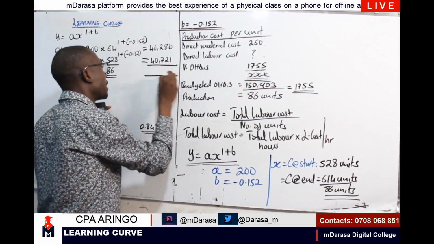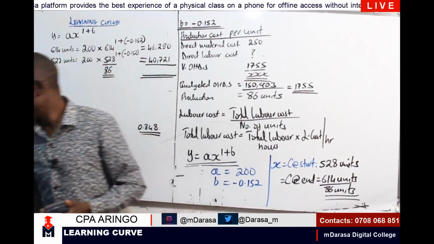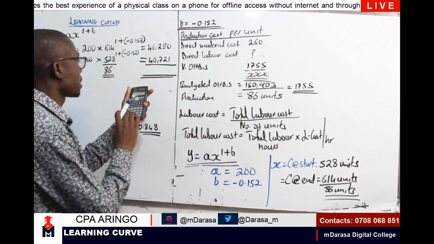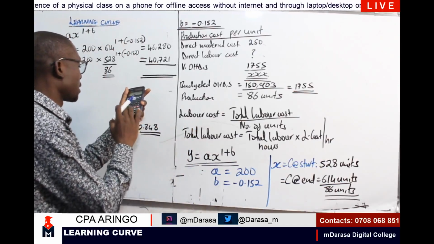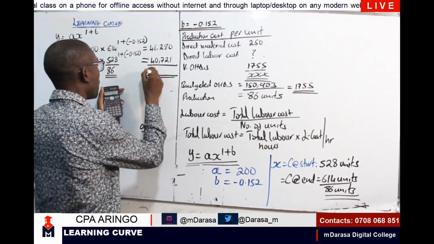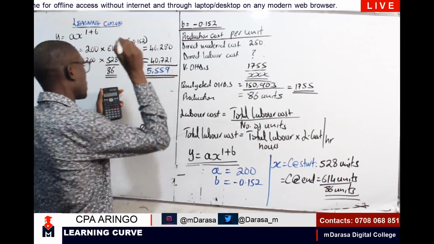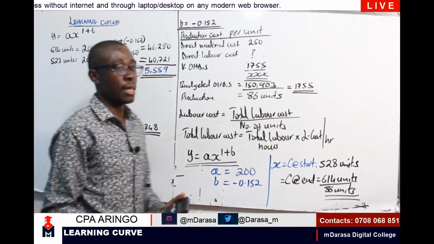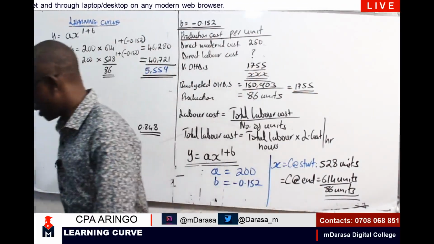So confidently, I can determine the total labor hours of producing the 86 units, which mwalimu will just take 46,280 minus 4,721. That should give me 5,559 hours. These are the hours that we took to produce the 86 units.